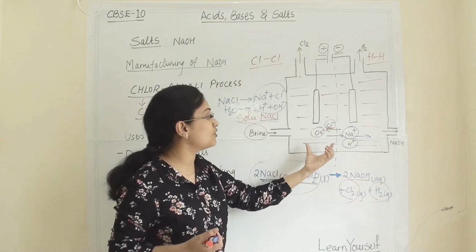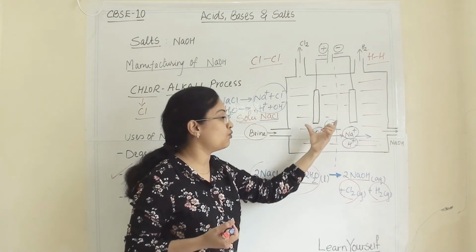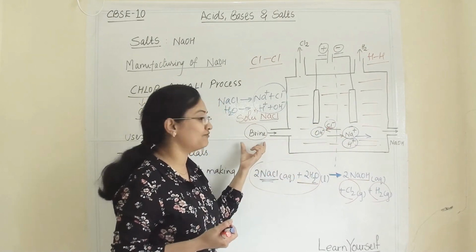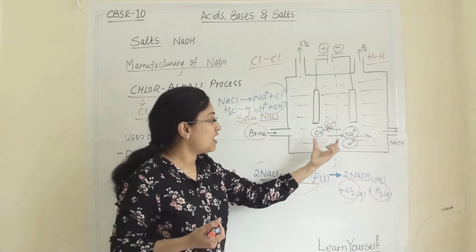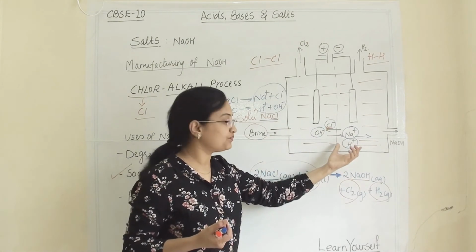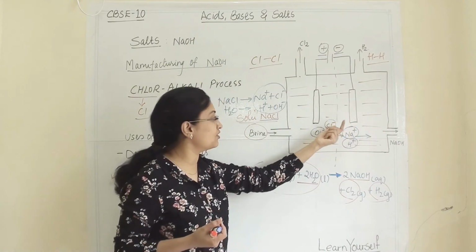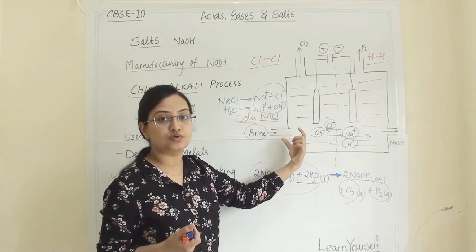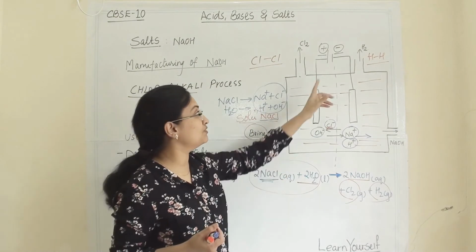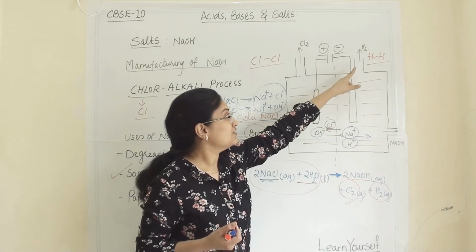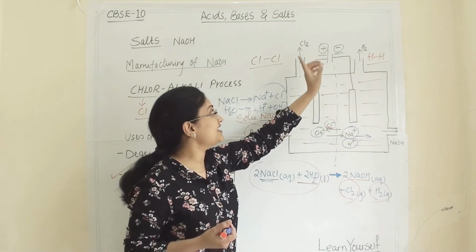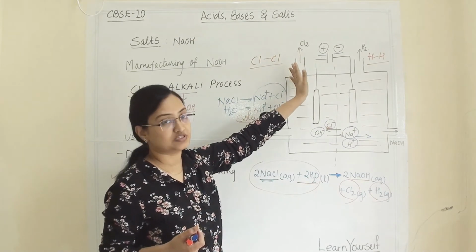At that time you have to explain what the electrolysis of brine solution is, how the ions will move, that positive ions will move towards the negative electrode and negative ions will move towards the positive electrode. So we will get hydrogen gas from the negative side and chlorine gas from the positive side.